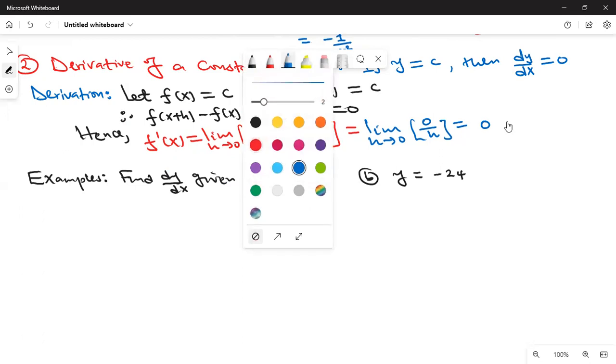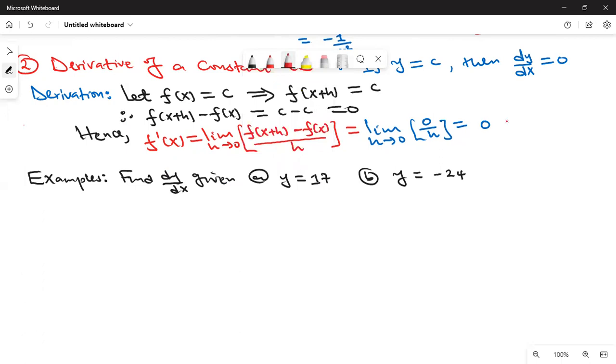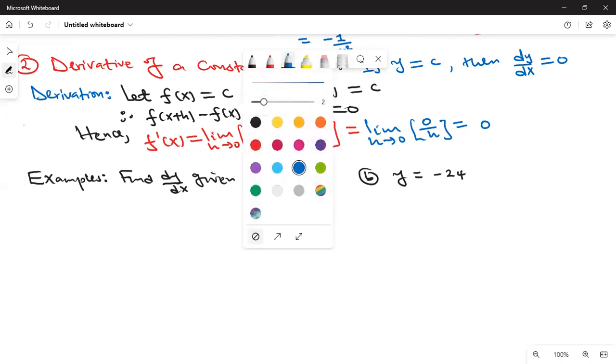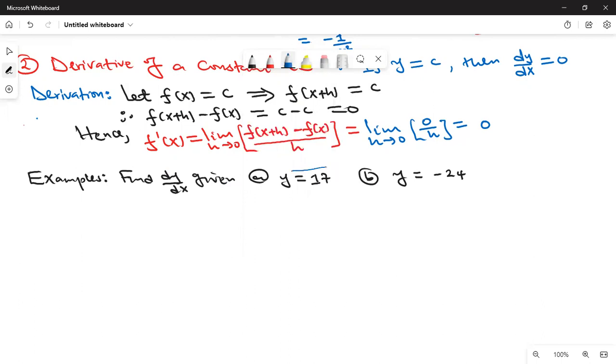Let me choose another color. Can use red, or let me use blue. So here, this is a constant. So when you differentiate that, you get dy/dx is equal to 0 because 17 is a constant. The same here, negative 24 is a constant.